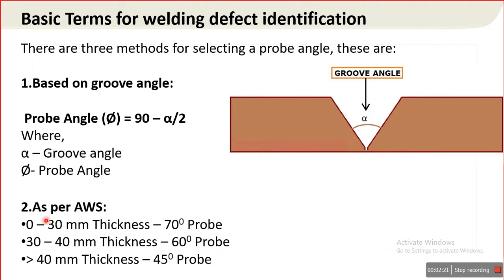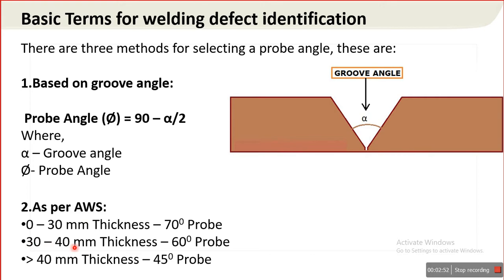Second method, as per AWS, that is American Welding Society. It is related to thickness of plate. For 0 to 30 mm thickness, a 70-degree probe is useful.